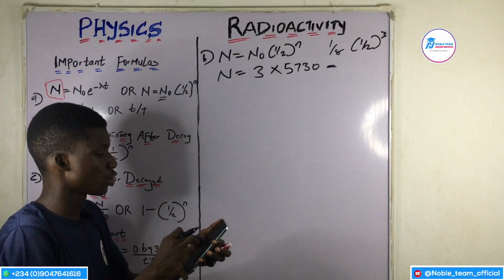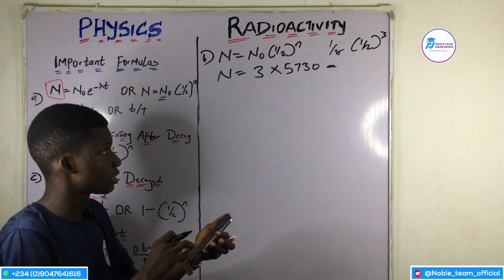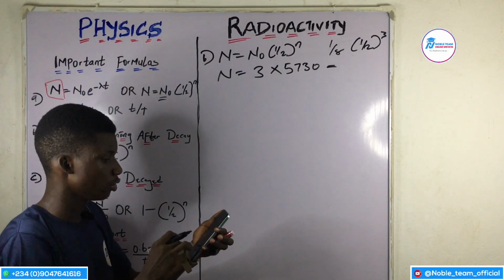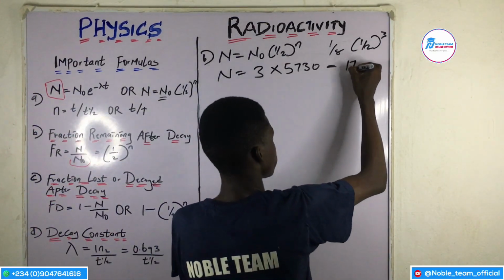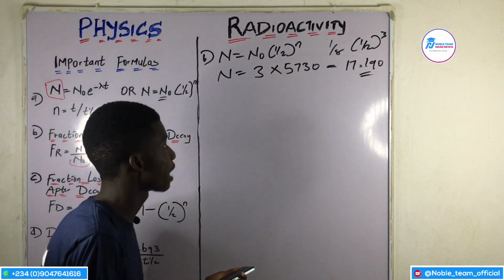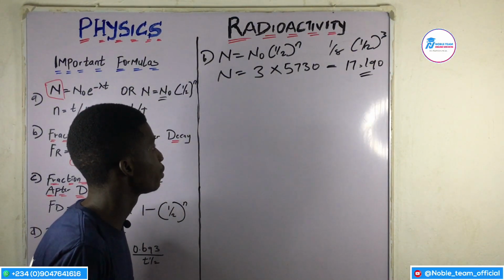Let's multiply. 3 times 5,730 gives us 17,190 years, and this is your final answer. I hope you understand what we did here.